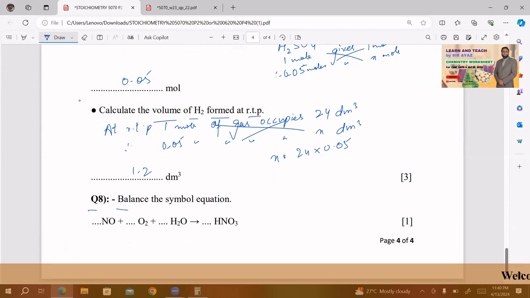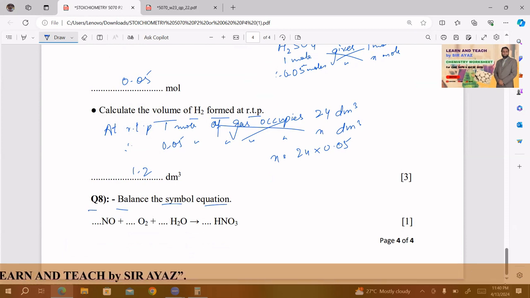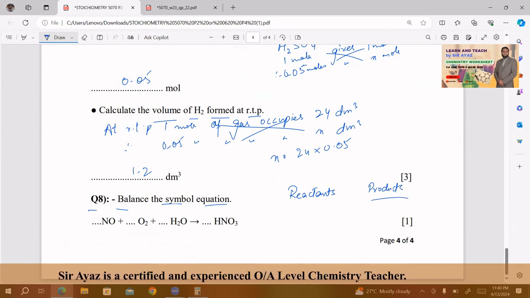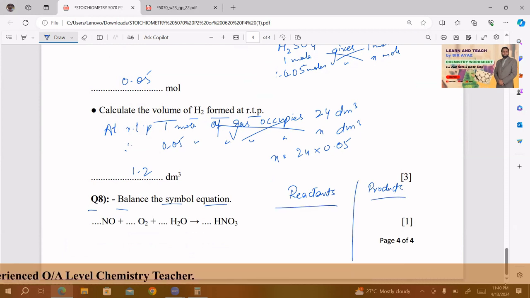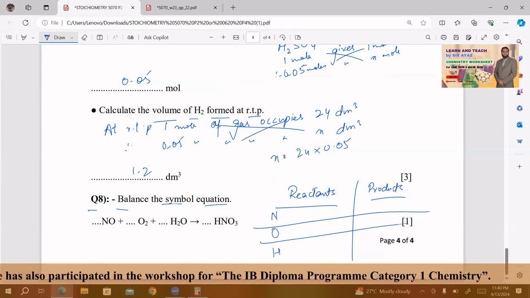Last question, balance the symbol equation. Here's the reaction equation. You need to balance it. For this, you can make a column for reactants and products. We have N, oxygen and hydrogen on the reactant side, and all these three are on the product side.